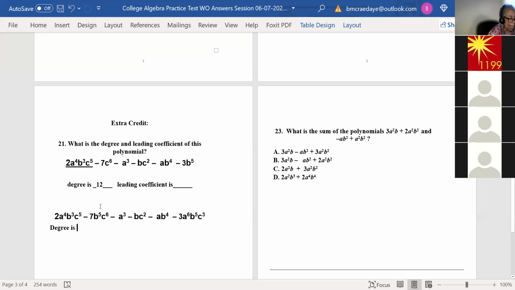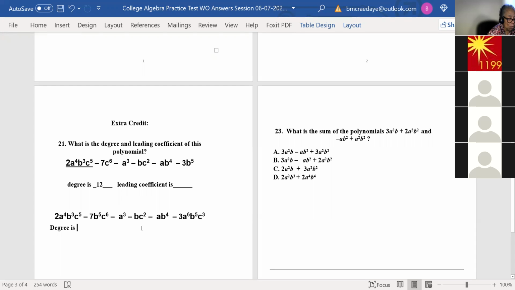Okay, this one has 5, 6. How much is that? 11. This one has 3. That's 3. This one has 1 and 2, and that's 2? No, 1 plus 2.